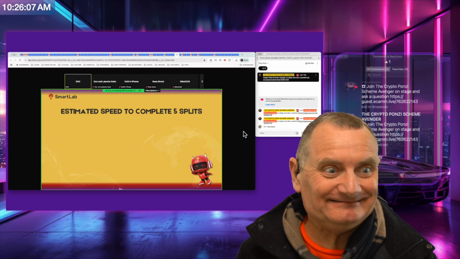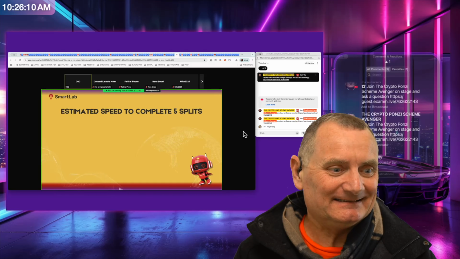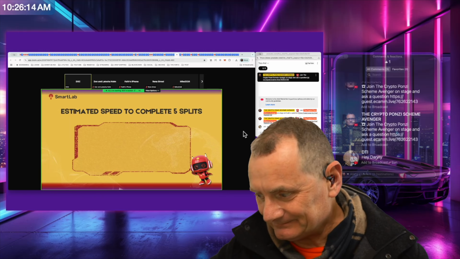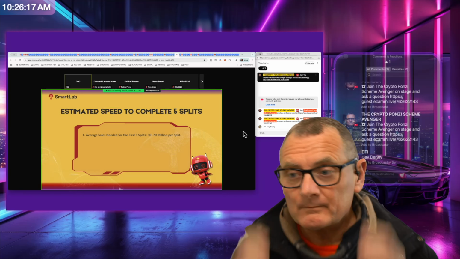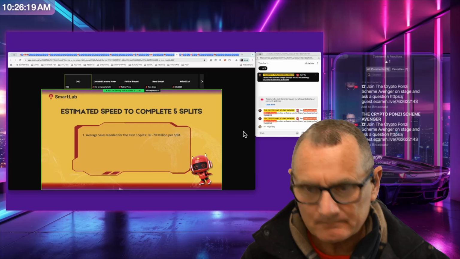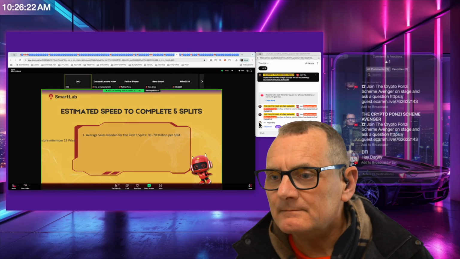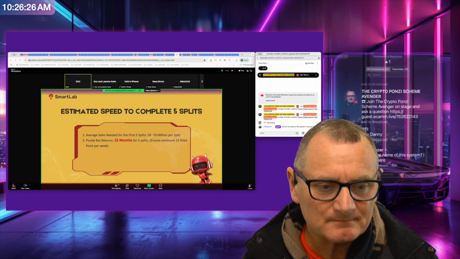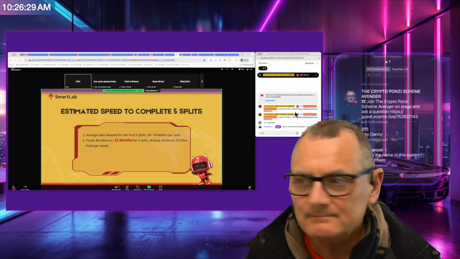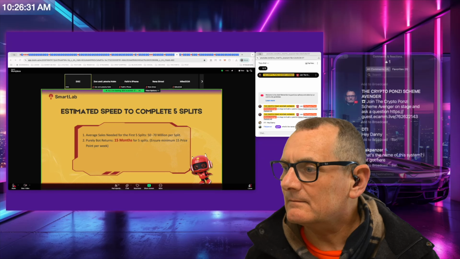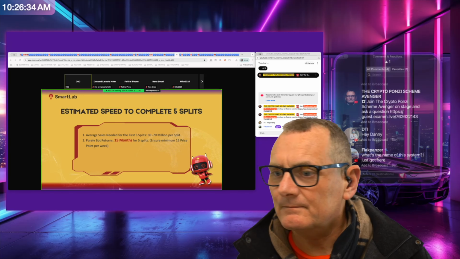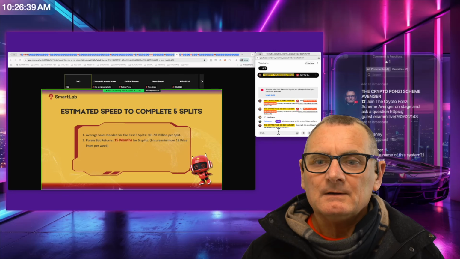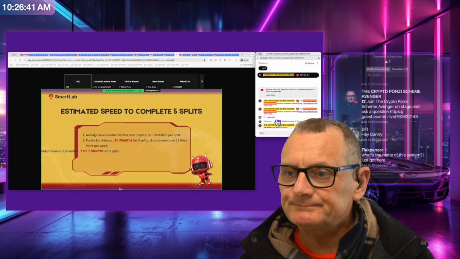Okay, so the question is, how long does it take to split? Hey, DT. And what causes those splits? Well, the average sales needed for the first 5 splits is about between 50 and 70 million per split. SmartLab. Right now, just from the bot, the 3 arbitrage bots that we have, if there were no engagement from the public alone, it would take about 15 months because the arbitrage bots ensure a minimum of 15 price points per week.